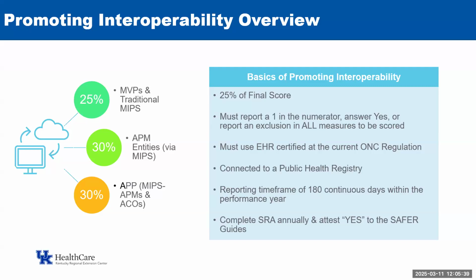For traditional MIPS, it still remains at 25% of that final score. It has been that way for several years, and we don't look for it to change. You must report a 1 in the numerator, or answer yes, or report an exclusion to all of the measures. They have to be scored, or you will not receive any credit for the category.